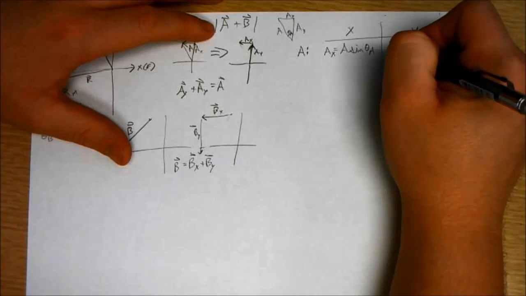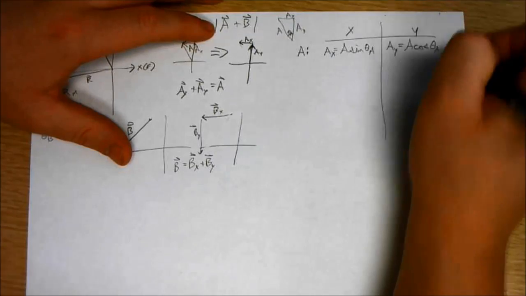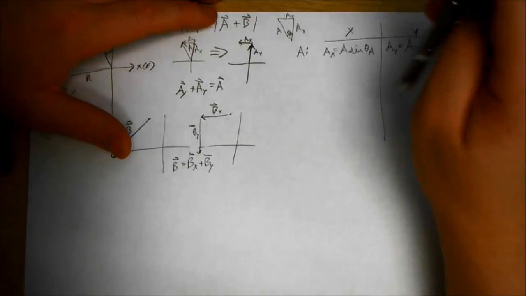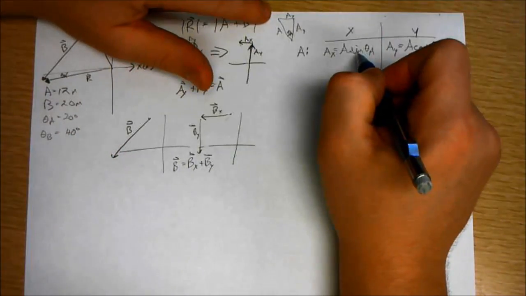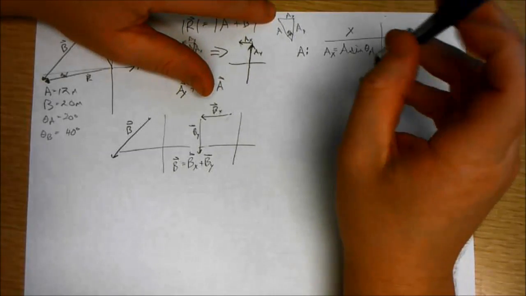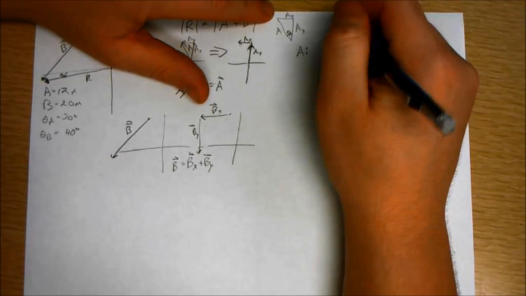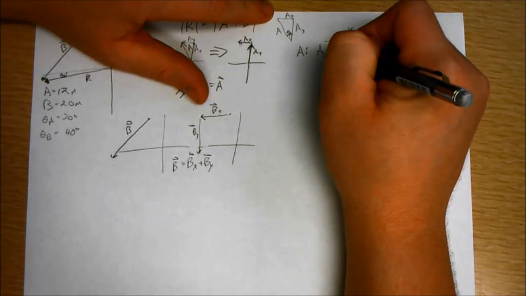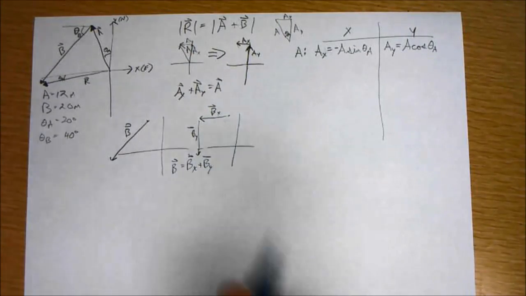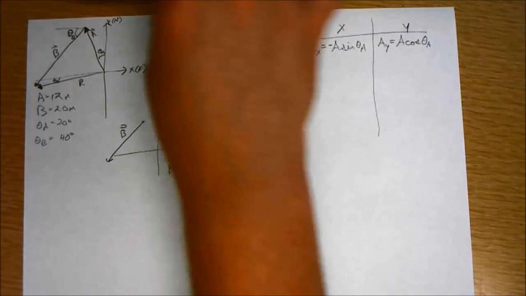On the y side, AY is equal to A cosine theta A. But here's another thing I have to do. This is the magnitude of AX, the length of that side of the triangle, but the direction is negative. So I have to force this to be negative. AX, the vector, is equal to negative A sine theta A, because it's traveled in the negative direction.